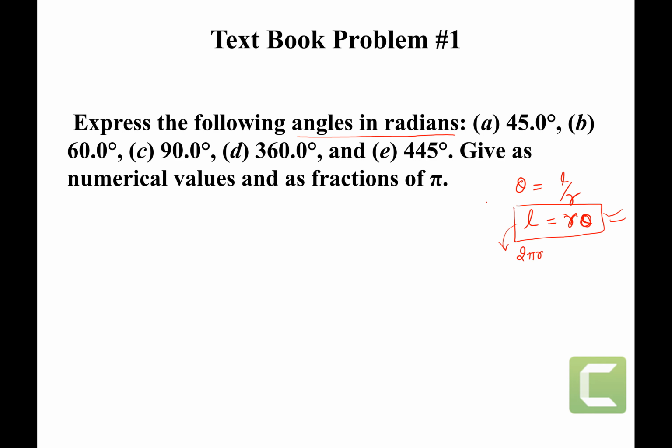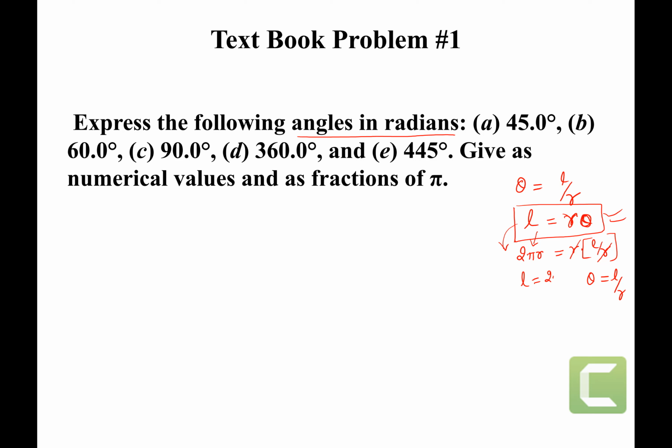If the length of the arc is the entire circle, so that length of the arc is 2 pi r, and your angle will be given by theta is equivalent to L by R. So I know theta is equivalent to L over R, so R into L by R. So that is what it means.